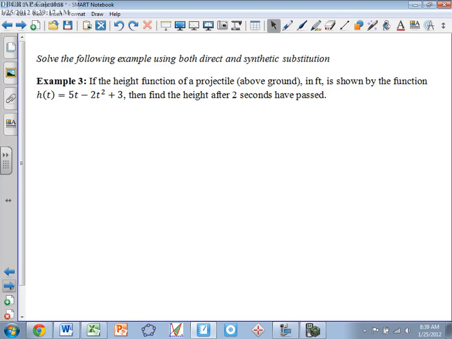What does t represent always, guys? Time. If you see capital T, what does that represent? Temperature. Very good. Same thing. Plug in the 2, get the number using direct, and then try using synthetic. I want you to do it 2 different ways. First way, use direct. And the second way, use synthetic.